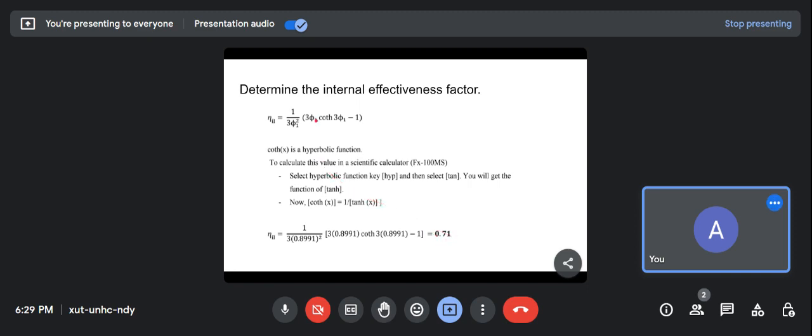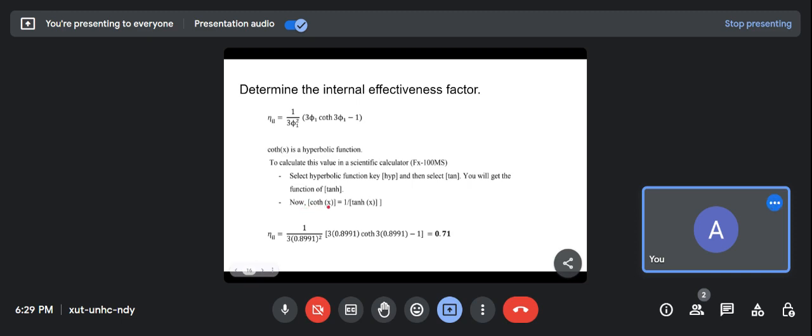So in this case, if you're using a web calculator, you can just find out what the value of 3 into Thiele modulus is and find the cot h value, okay, and put it in the formula here. Or if you're using a scientific calculator, you can select the hyperbolic function and select tan h. Okay, you will get the function of tan h, right?